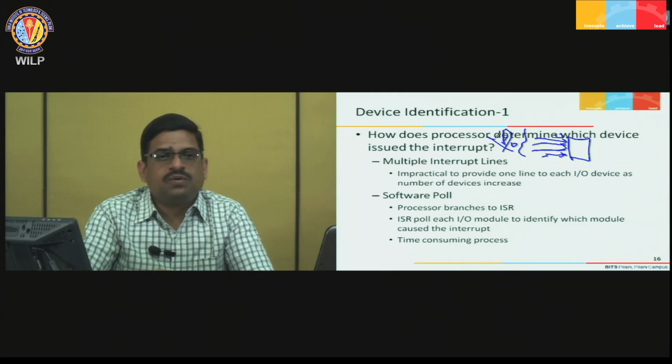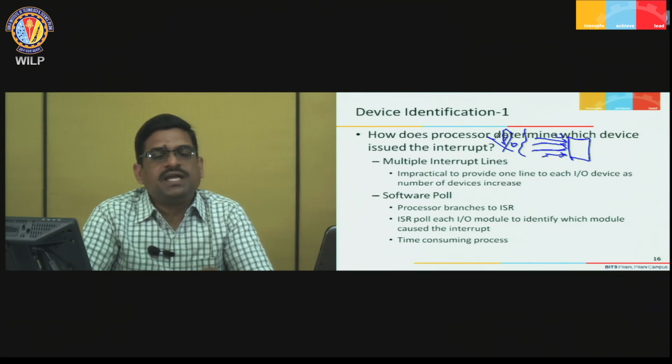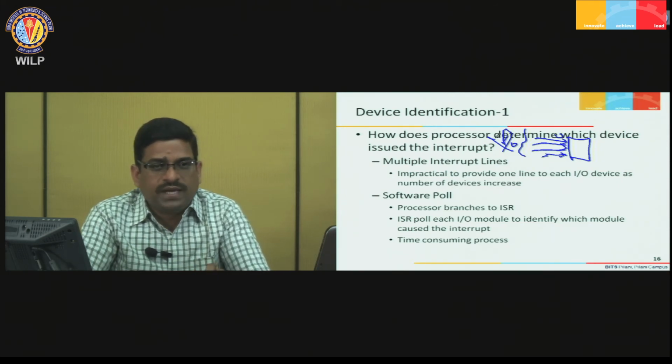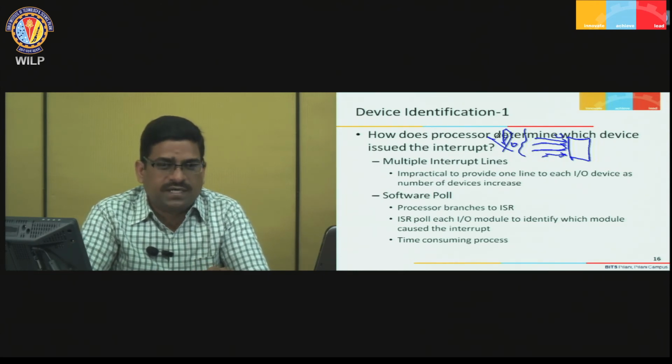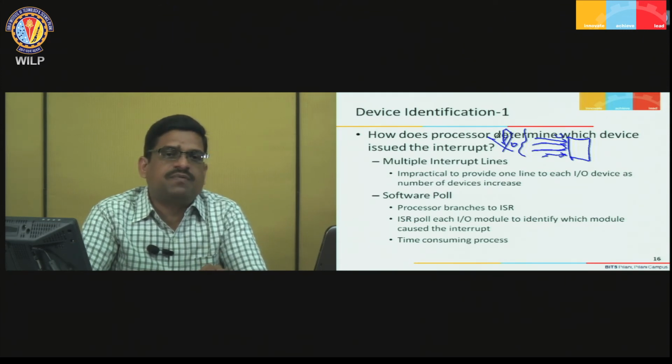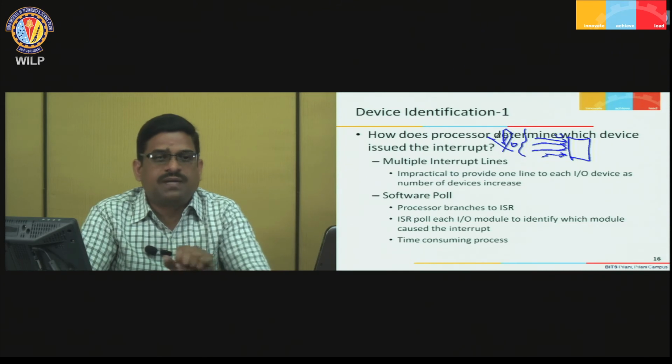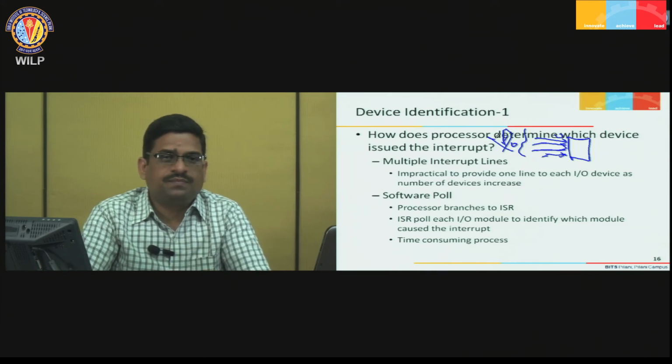Then, to complete that IO operation, the corresponding interrupt handler program is needed. Either the address can be taken from the ISR program, or the address of that interrupt handler can be provided by the device, which is called a vector. The interrupt vector will be put on the address lines, and using this interrupt vector the processor will jump to the interrupt handler program. By taking this address, the PC will be loaded with this value, and it will execute the instructions written there to complete the IO operation.